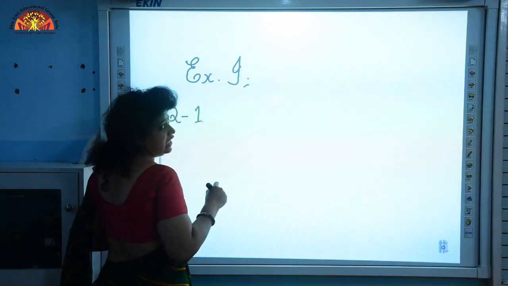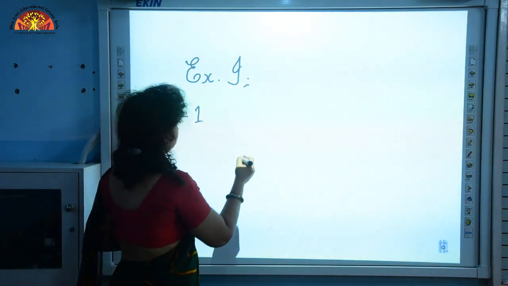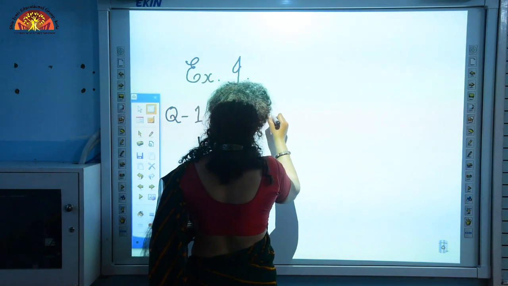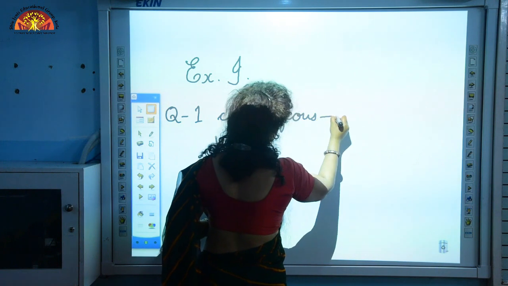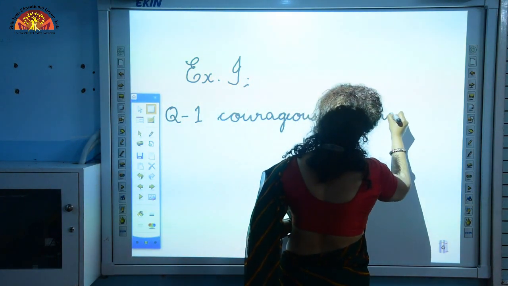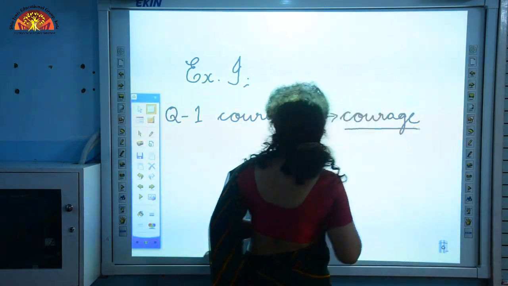So, we are changing courageous into abstract noun, that is, courageous becomes courage. Okay, so we have to replace courageous with courage. So this is the correct answer.